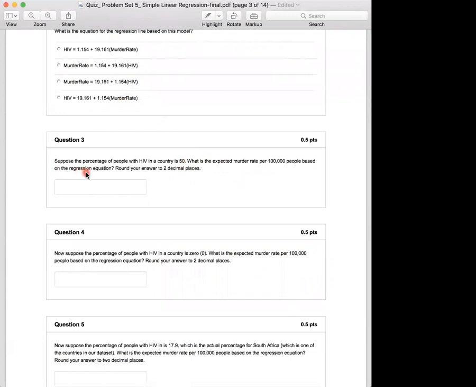Essentially, what we're asking you to do for question 3 is to derive the predicted value given the x value. What is the y value that you'd expect? So here the answer is quite simple. It would be 1.15 times 50 plus 19.